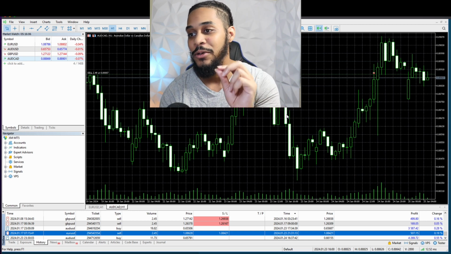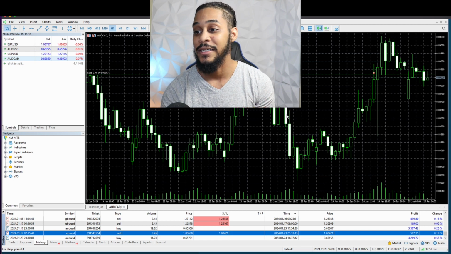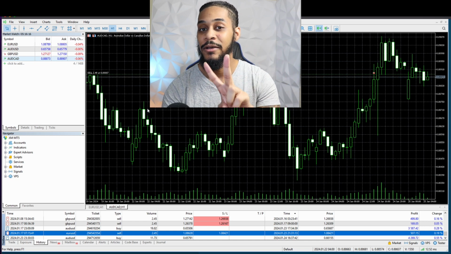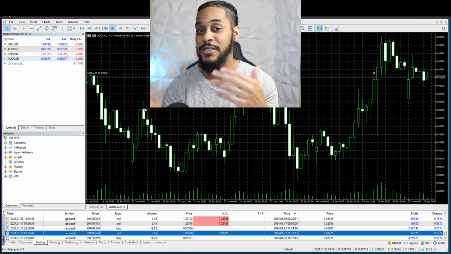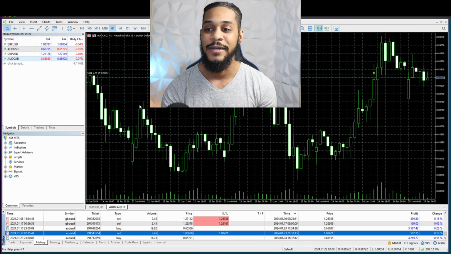If we've sold Australian dollars and purchased Canadian dollars simultaneously to open the trade, which is what we've done right here, to close that trade, we just need to do the reverse, okay? We've sold Australian dollars, bought Canadian dollars. To close the trade, we need to buy Australian dollars and sell Canadian dollars, right?